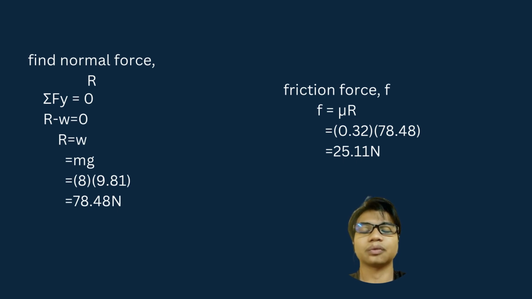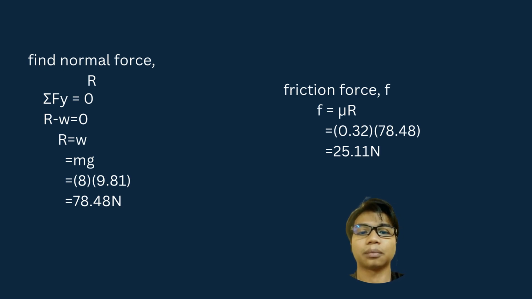In order to find the frictional force, first we need to find the normal force. Now let's find the normal force by using the summation of Fy equal to 0. Then the normal force minus weight equal to 0. From there we can conclude that the normal force is equal to weight. So we just use the mass of the car, which is 8, times 9.81, and we will get the normal force of the car is 78.48 newtons.